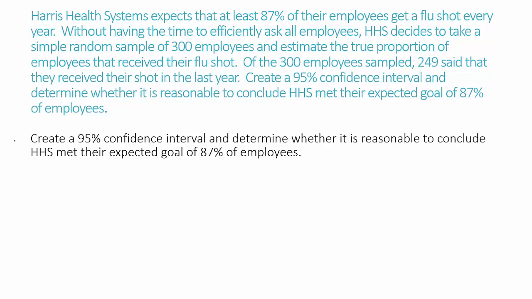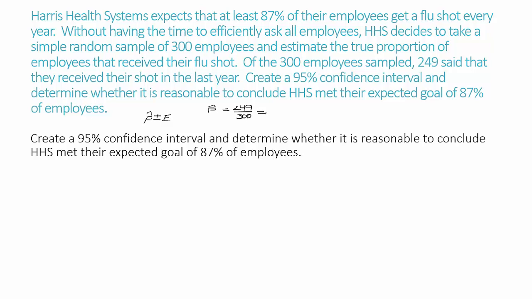Our formula tells us that we need to find the proportion for the sample and then add and subtract the standard error. To find the proportion for the sample, we take the number of employees who did get their flu shot, 249, and divide by the number in the sample, 300.